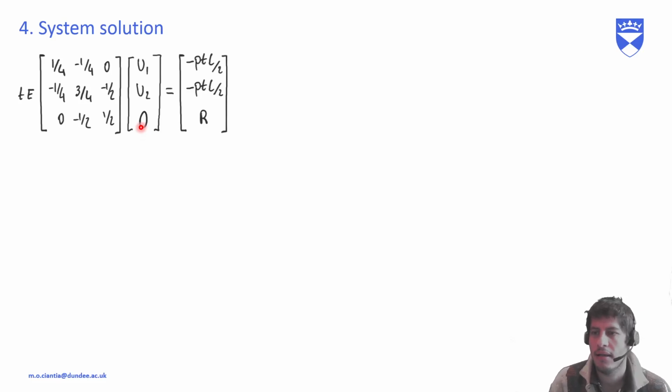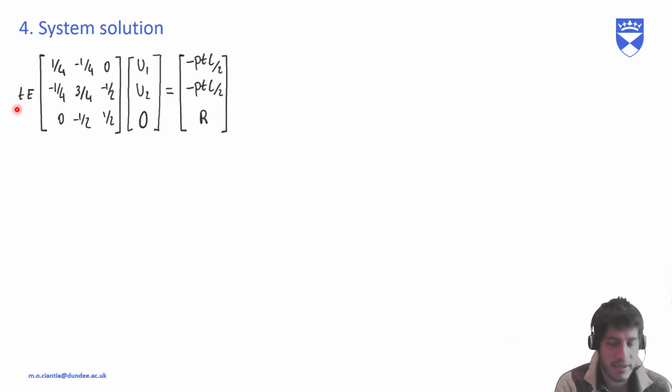In fact, we had reported the reaction R. Now, as we will see at the end of this class, this stiffness matrix is not invertible. So it cannot be inverted. It's singular. And therefore, I cannot just write this is equal to the inverse of that times that, because you will not be able to invert this.